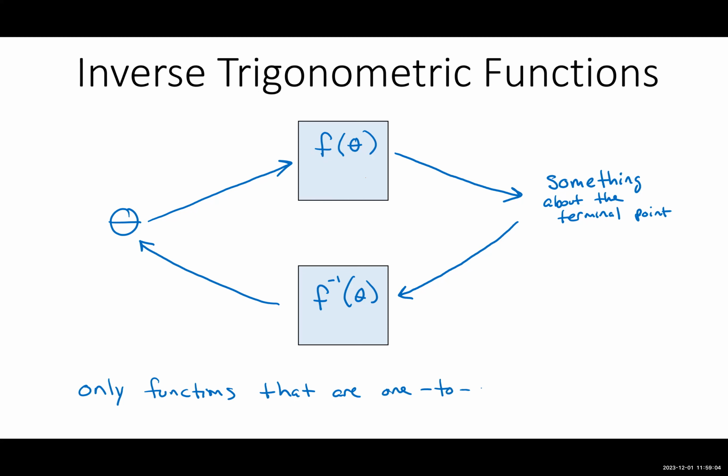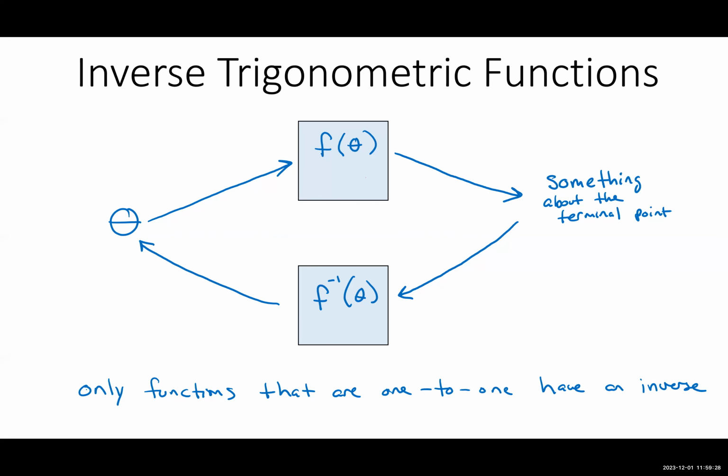So one-to-one functions means no repeated y values. Every unique x value has a unique y value.